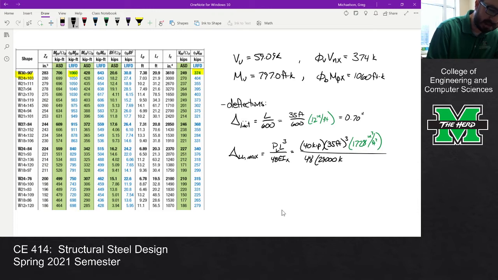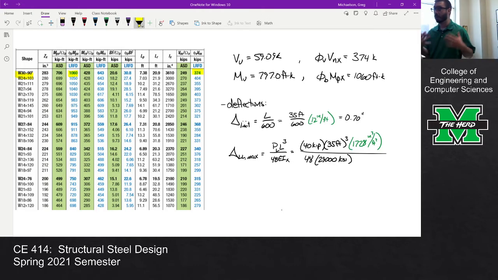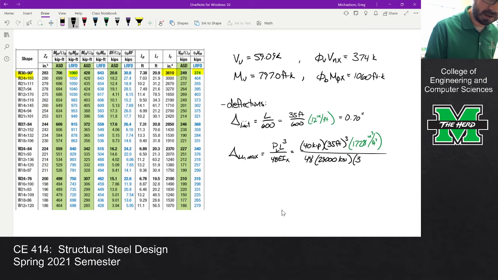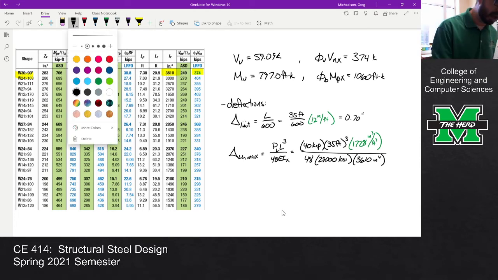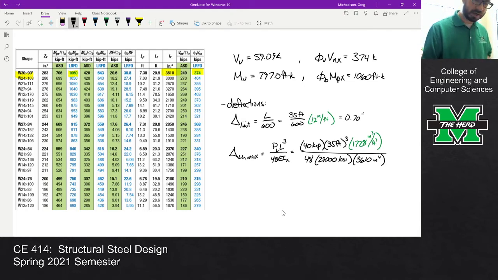29,000 ksi. And now what moment of inertia are we using? This also might be something to clarify. We're analyzing the W30 by 90, so we're going to use the moment of inertia of the W30 by 90, which is 3610. And so we chug this out.